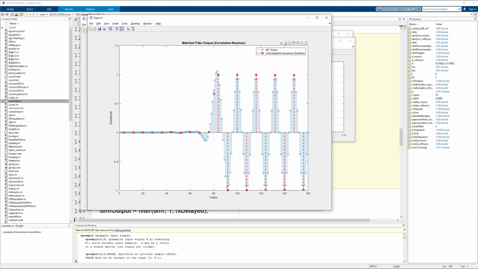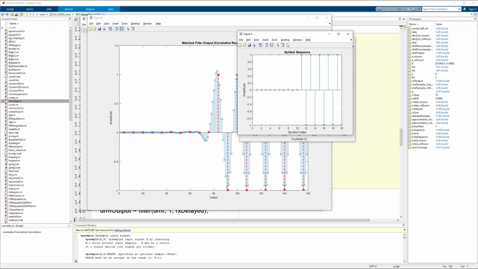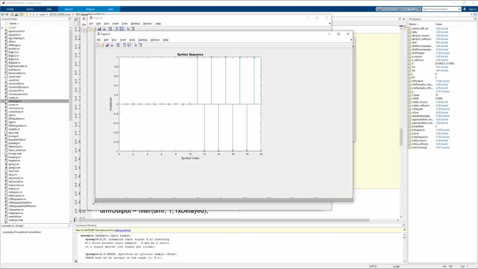Now at this position here, because I have some filter effect, the head or tail of the filter has some effect, but we know we indeed sample at the best position, giving me a perfect 1. And you can see these points are zero crossing points. And figure 9 are the extracted symbols.